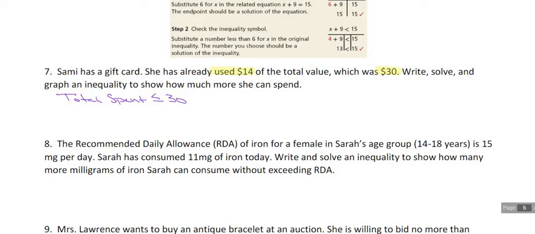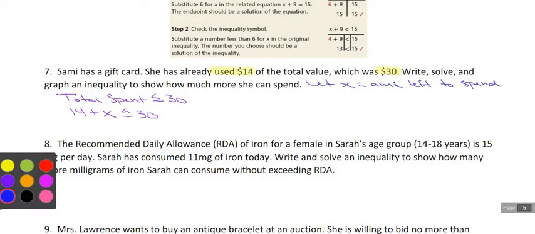So she's spent $14, and she has an unknown amount yet left to spend, and then that still needs to be less than or equal to 30. So here is our inequality that represents the situation where we're going to say let X equal amount left to spend.